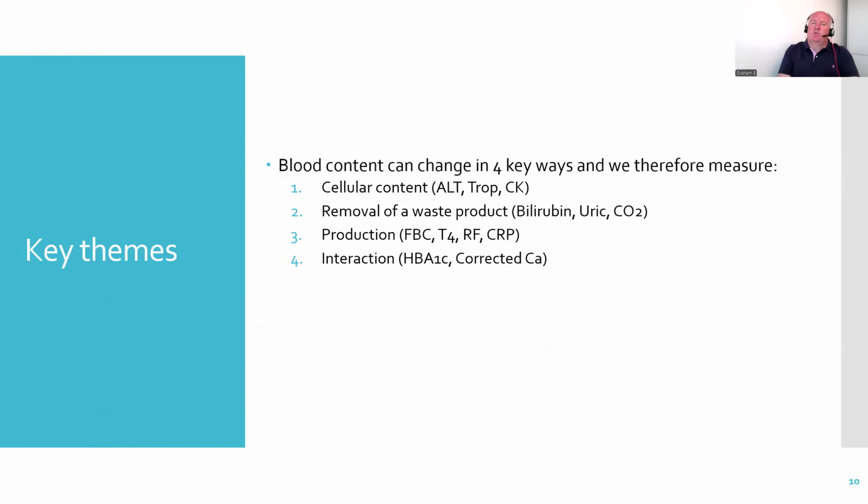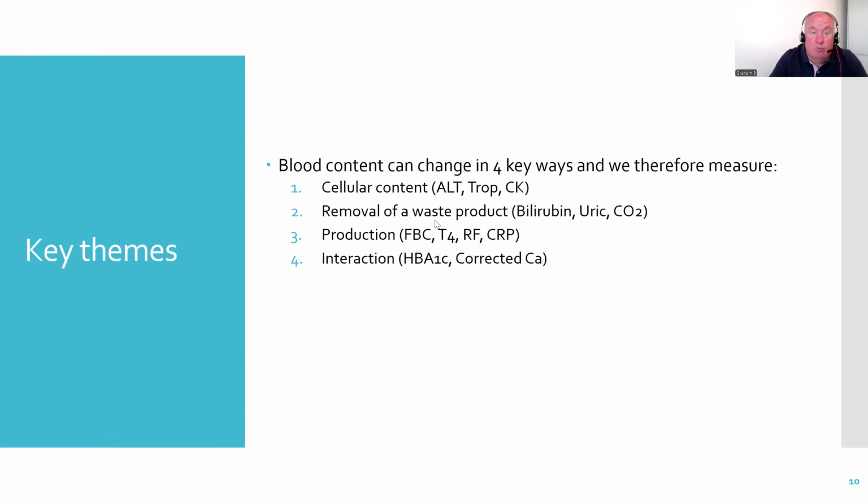Okay, the other fundamental thing we do is have a look at the basic underpinning of blood testing. One of the most important questions we ask is, what are we actually measuring? And we actually measure 4 different things based on the underlying anatomy and physiology. So we'll have a look at cell content, something which has leaked out of a damaged cell.